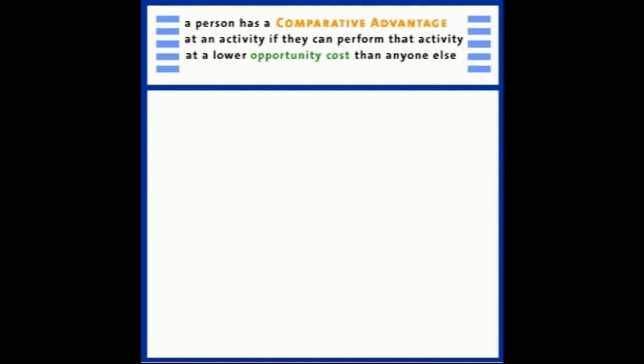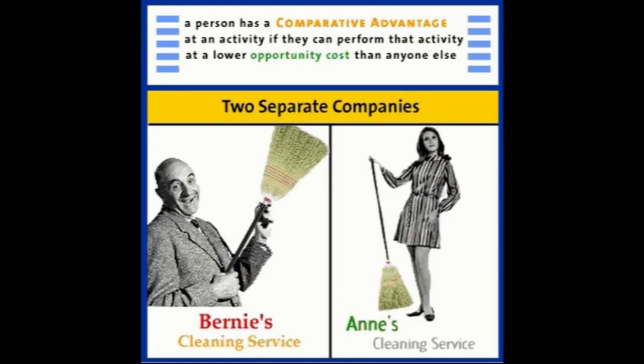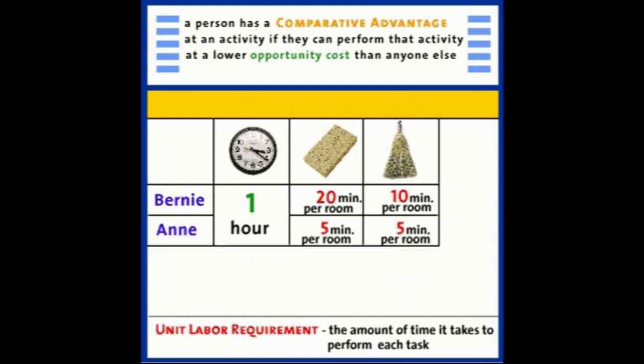Let's begin by looking at Anne's productivity. Let's suppose that Anne has the following unit labor requirements. Anne is able to scrub a room in 5 minutes, and Anne can sweep a room in 5 minutes. The first thing you notice looking at this chart is that Anne is able to sweep and scrub faster than Bernie.